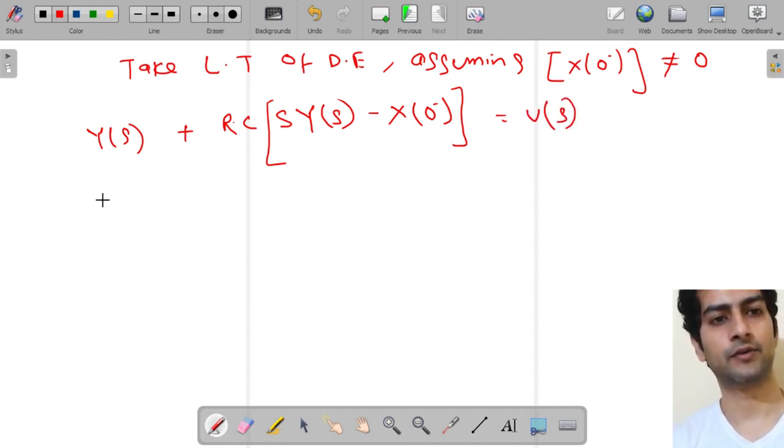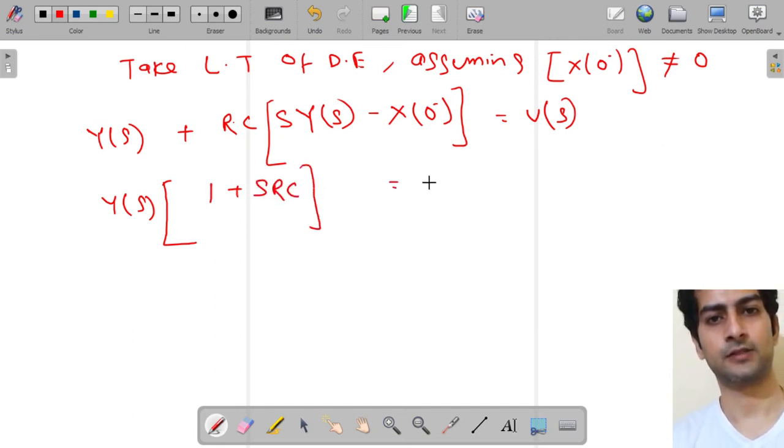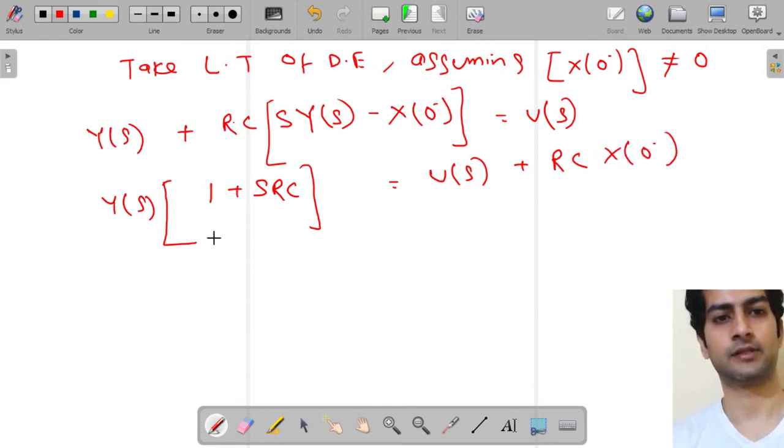So Y of s times 1 plus src is equal to U of s plus rc times the initial condition.